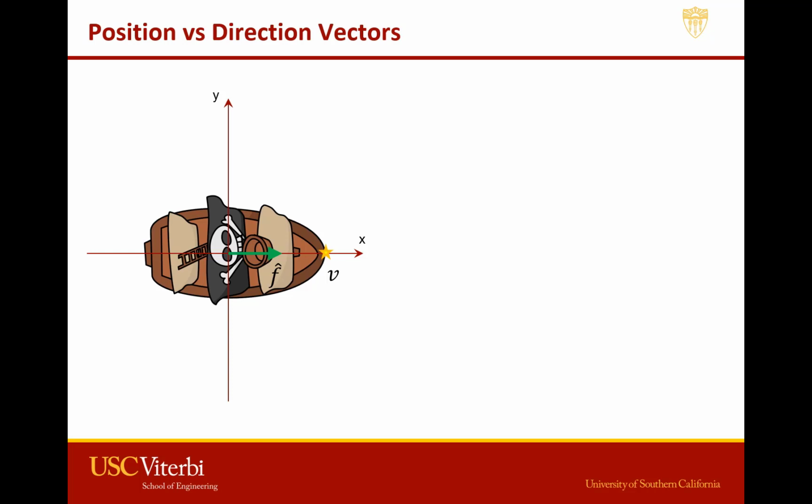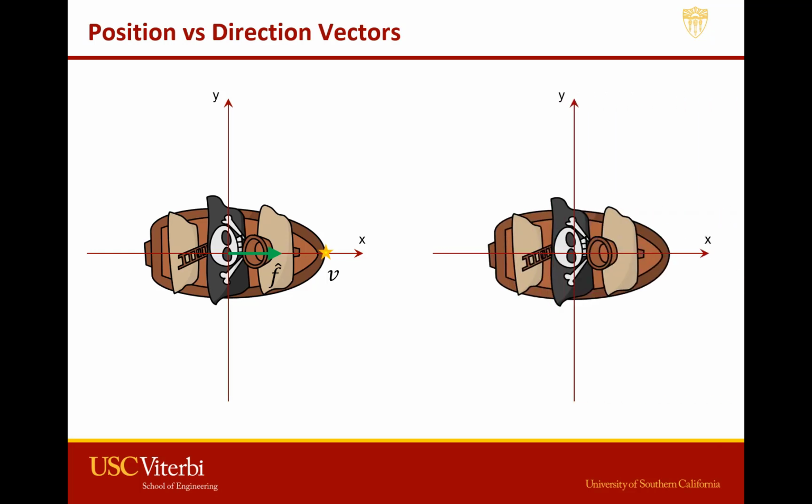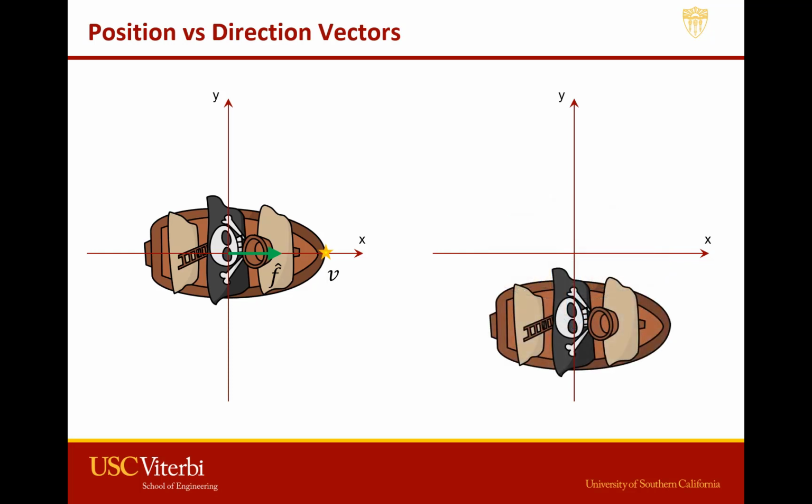Okay, what if we translate the ship? Let's translate the ship. I'm going to push it down like this to here. So we've got our position V on the nose of the ship. It has translated down. Positions translate. How about our forward vector? This one's a little tricky because the forward vector, I've drawn it down here, but which way does it point?